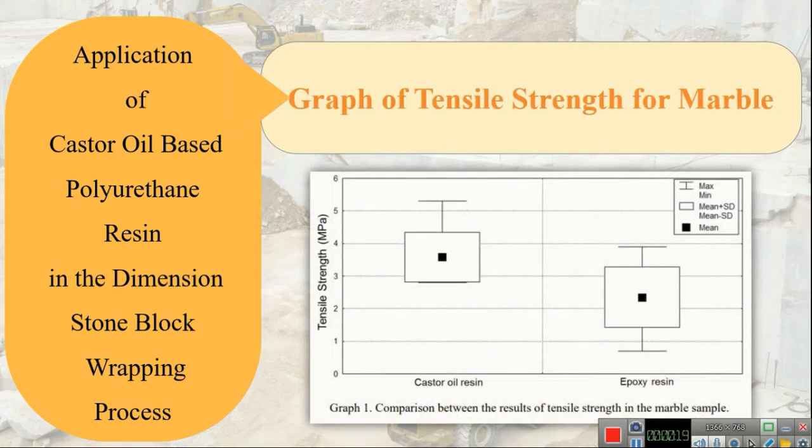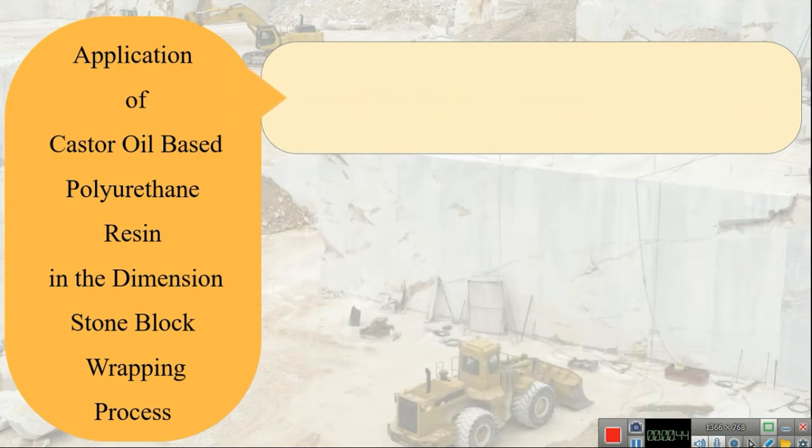In addition to the tensile strength determined in this study, it was found that the mineralogy has an important influence on the test results. The castor oil resin showed better behavior than the epoxy resin when applied to the carbonate stone. However, the tensile strength result for the silicate material was higher for the epoxy resin.